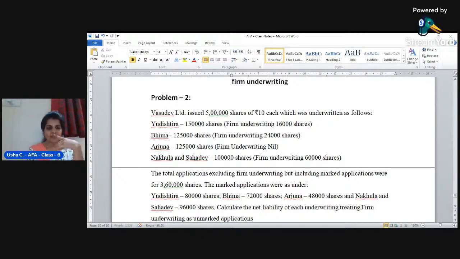Next, they have given further information: the total applications excluding firm underwriting, but including marked applications, were for 3,60,000 shares. That means the total application, which includes marked application, is 3,60,000, received from the public.